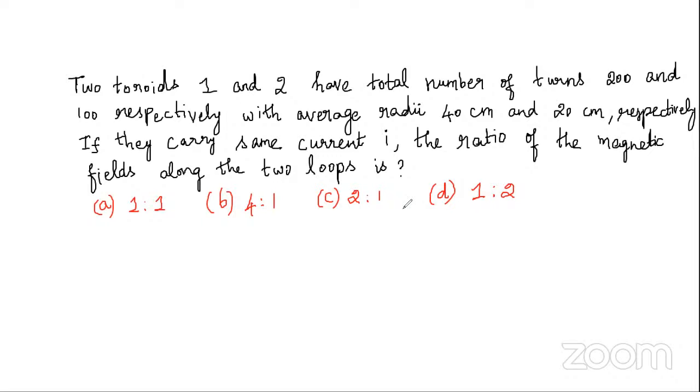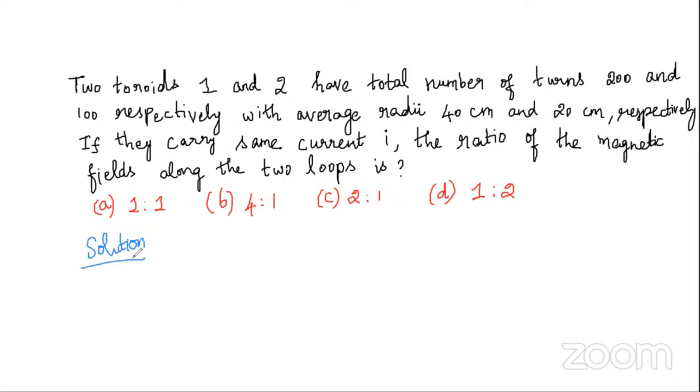Now we have to substitute the formula. So what is the formula for calculating the magnetic field in terms of toroid? That's the first thing we have to do. We have to write the formula.